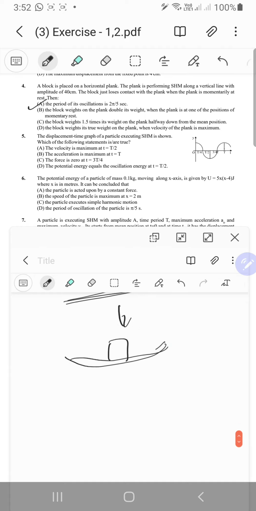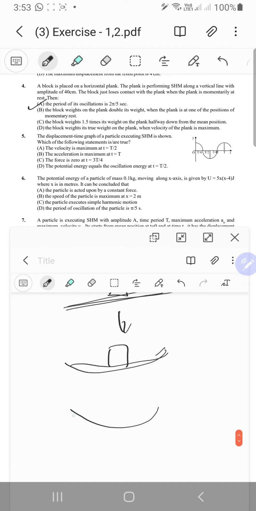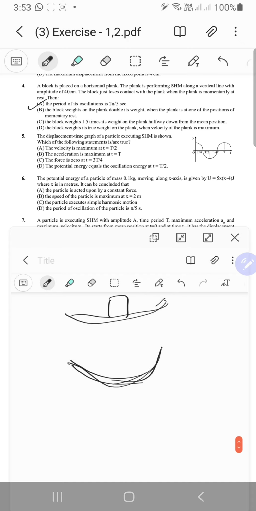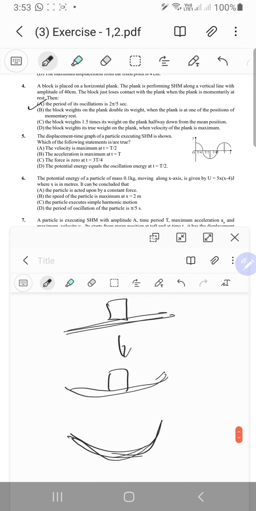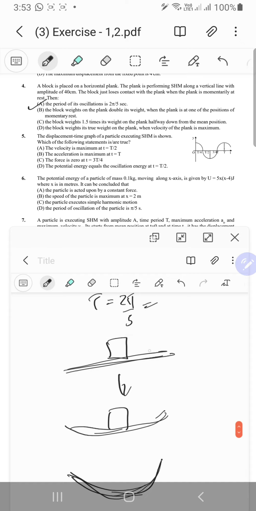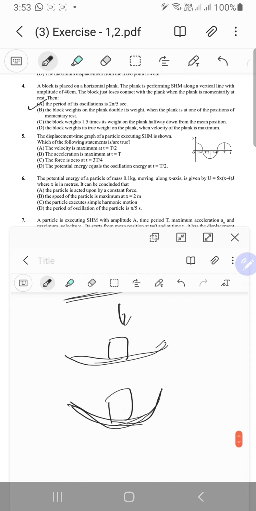Over here it would be 0. Yeah, so the normal force would be 0, and then it goes like this, where the normal force will be 2 times whatever the weight of this guy is. Here the normal force is the weight of this guy at the mean position. Here the normal force is 0. Here the normal force is 2 times the weight of that guy, which means, yeah, that is correct.